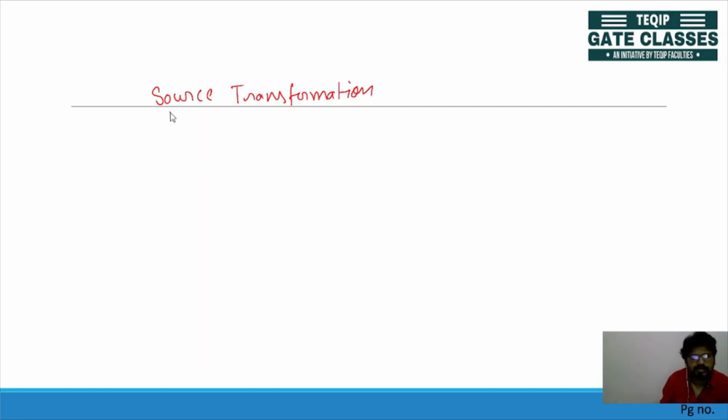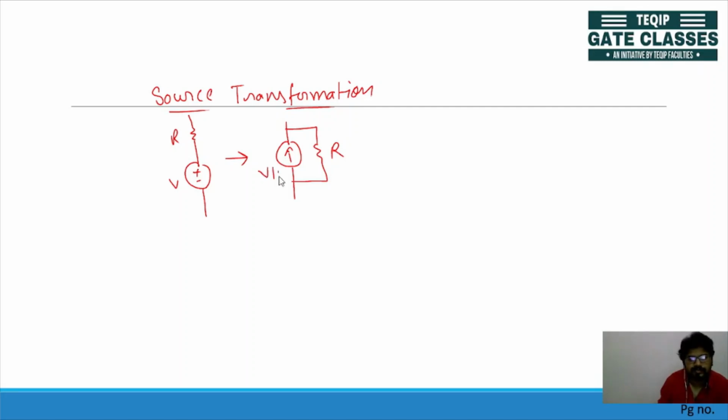Source transformation is nothing but: if we have a voltage source with series resistance R, we can convert it into a current source with a parallel resistance, where the value of resistance will be the same, that is R, and this current will be V by R. According to our convenience we can change it, and this is vice versa.